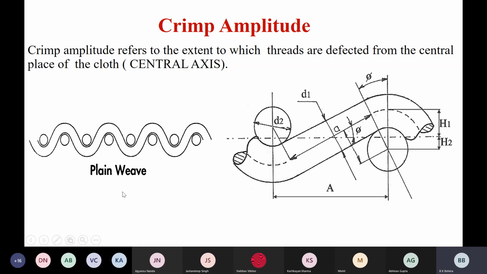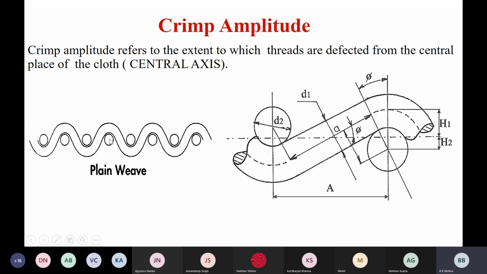And crimp will decide the shear properties, because the higher the crimp, the more the contact area between warp and weft. Remember, if this yarn is straightened, then the contact area between warp and weft will reduce. And contact area between warp and weft gives us the friction.